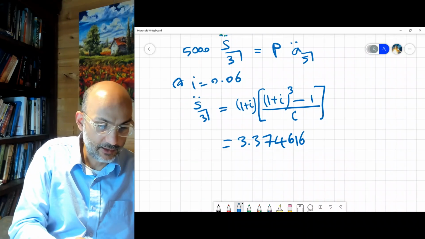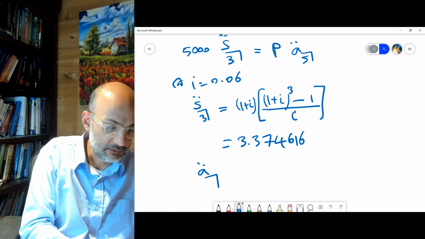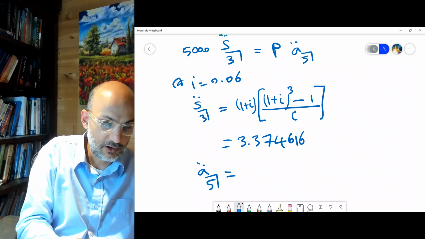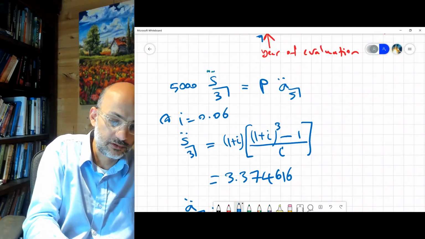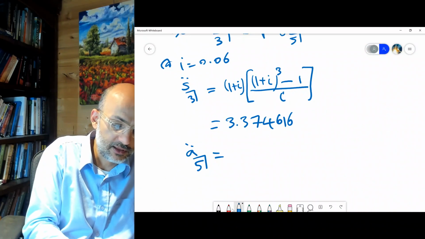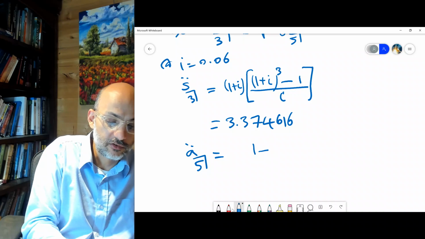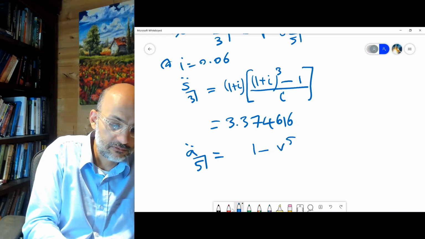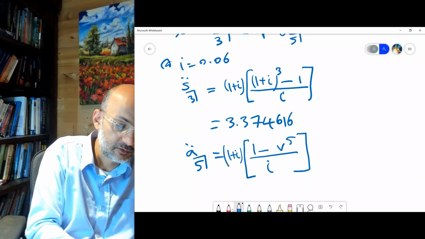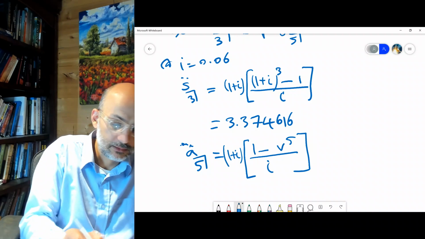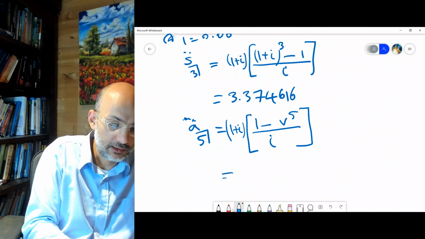And now let's look at A angle 5. Remember we're bringing everything back to this point. A angle 5 is now 1 minus v^5, divided by i. Everything is multiplied by 1 plus i, because remember the dots.